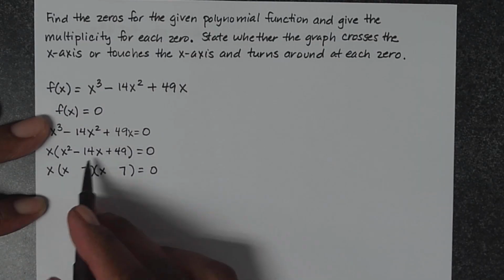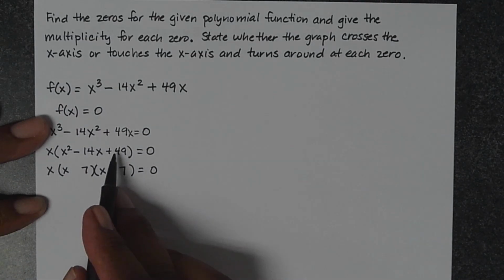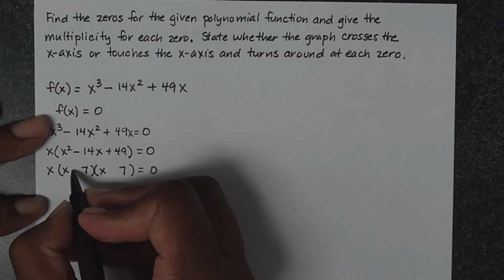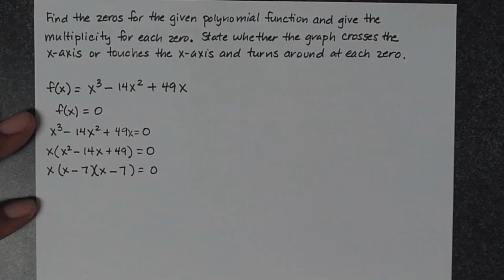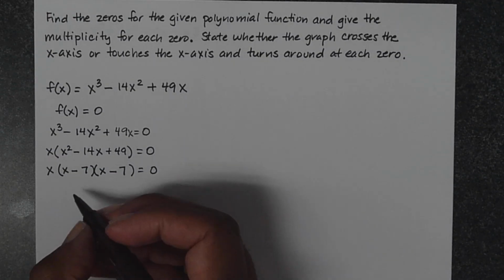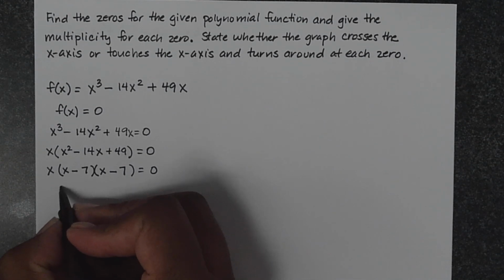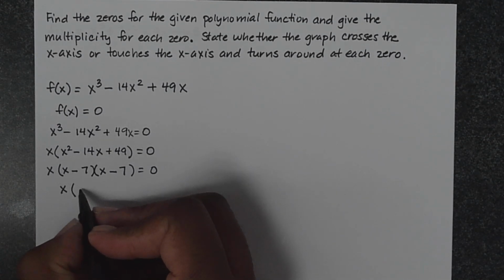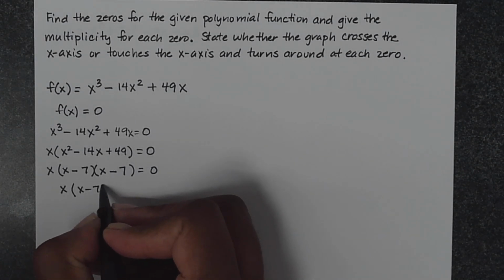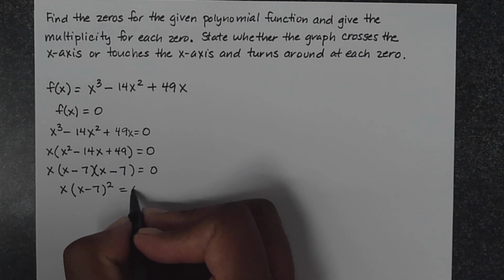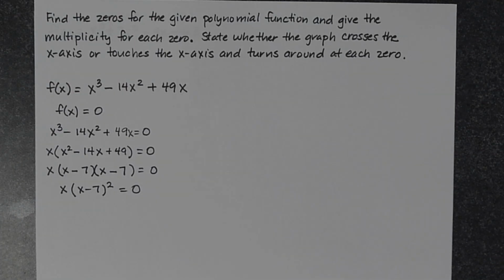Since the middle term is a minus and the last term is a plus, the 7's have to be minuses. So I have x times (x minus 7) times (x minus 7) equal to 0. But x minus 7 is used as a factor twice, so I can write this as x times (x minus 7) quantity squared equal to 0.